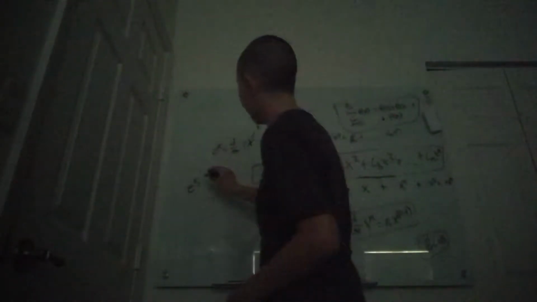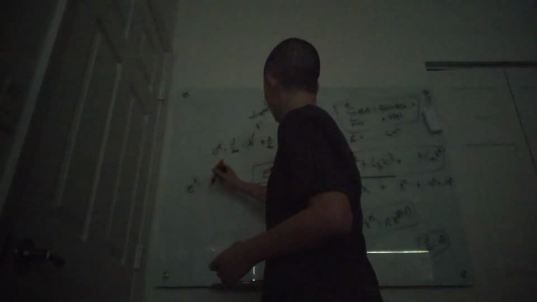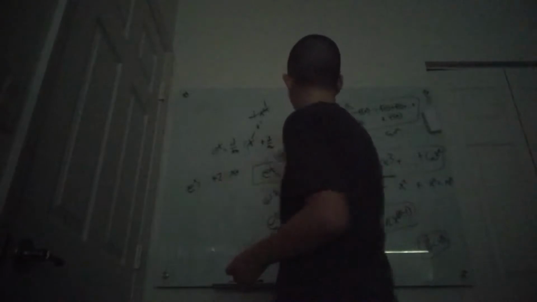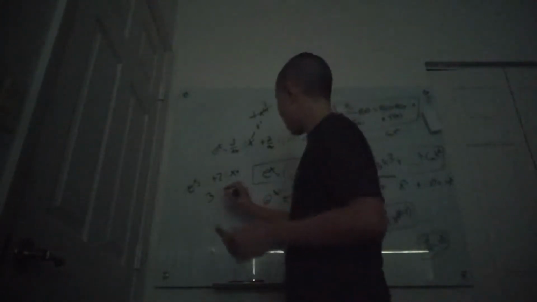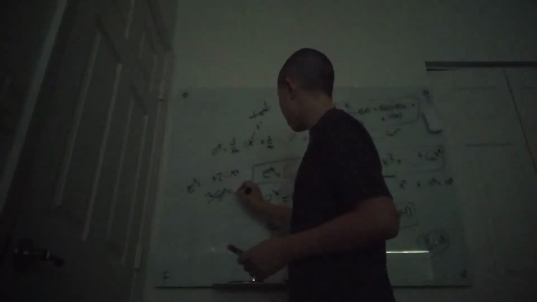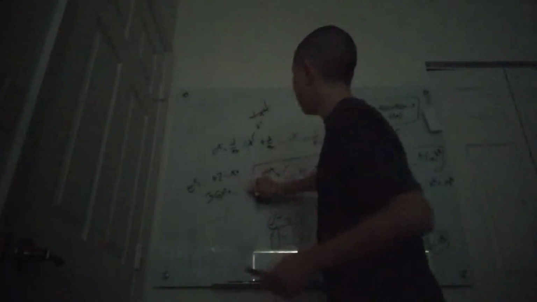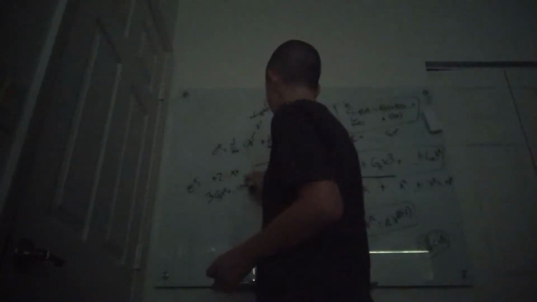e to the x is equal to, now this whole thing can be rewritten as e to the x is equal to c1 plus 2c2x plus, you apply the same thing to each one, and you get 3c3x squared plus so on, applying the power rule, plus n times x to the n minus 1.